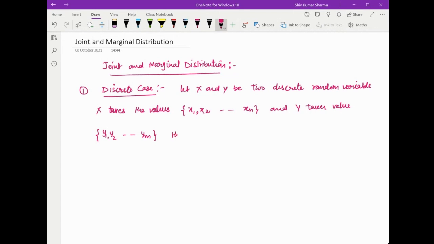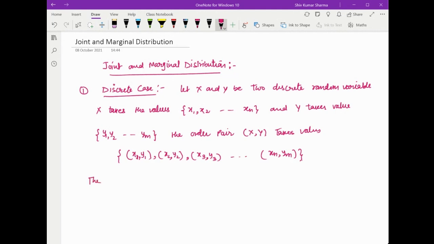So the ordered pair of random variables we define as (x, y). The ordered pair takes values in this form, that means ordered pair (x1, y1), (x2, y2), (x3, y3), and (xn, ym).